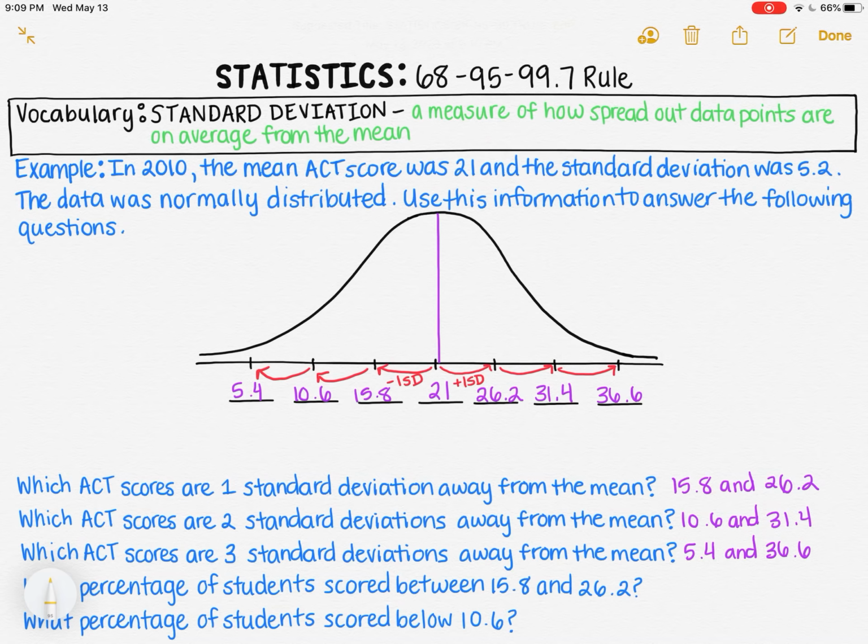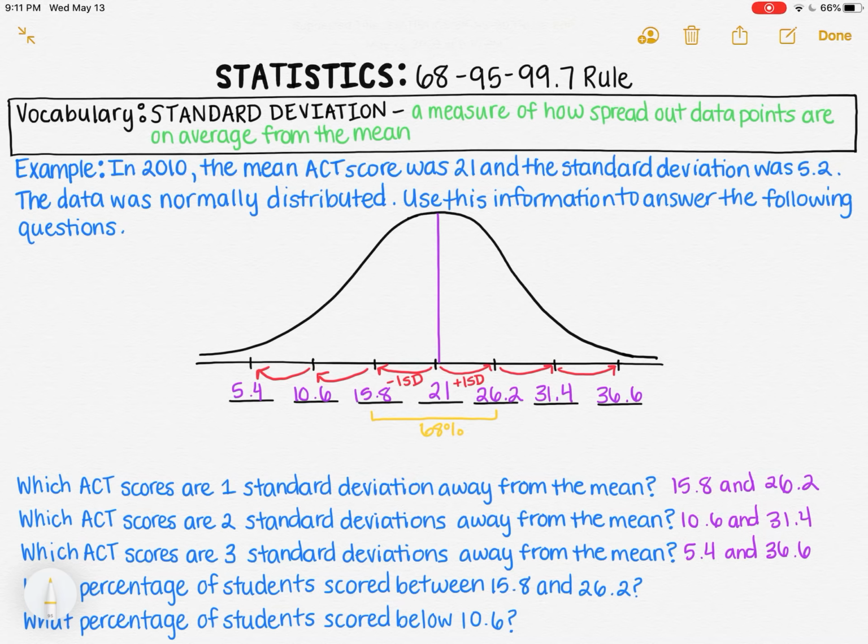So the 68 is telling us that there are 68% of people within 1 standard deviation of the mean. So what that means is the total percentage of people that are from 15.8 to 26.2 for their ACT score is 68%.